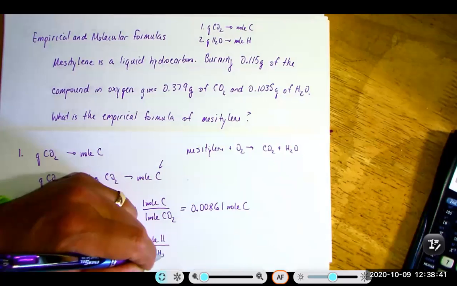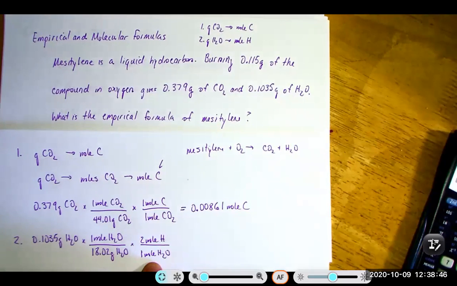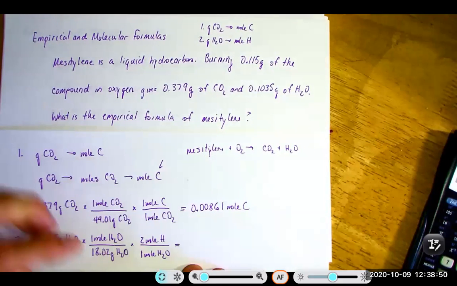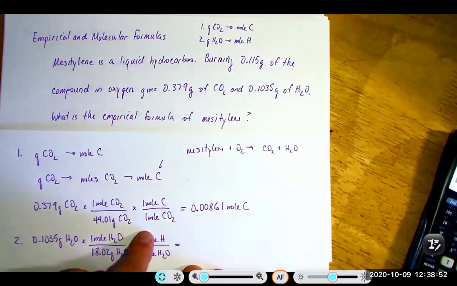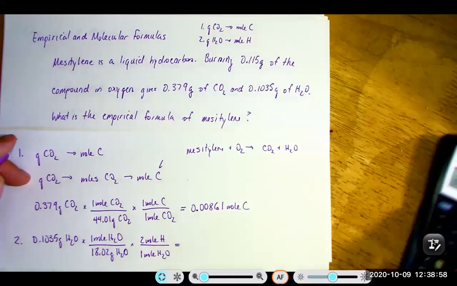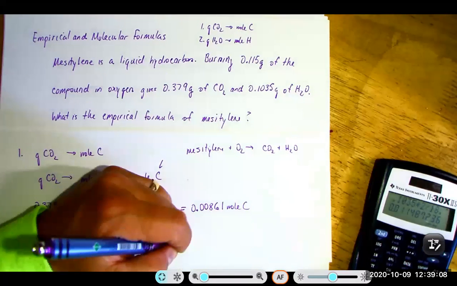There's 2 moles of hydrogen for every 1 mole of H2O. It says there right in the formula. And when we estimate this, 2 divided by 18 is the same as 1/10, so around 0.1. So 0.1035 times 2 divided by 18.02, and we get 0.0115.